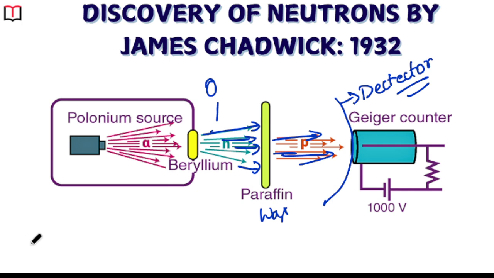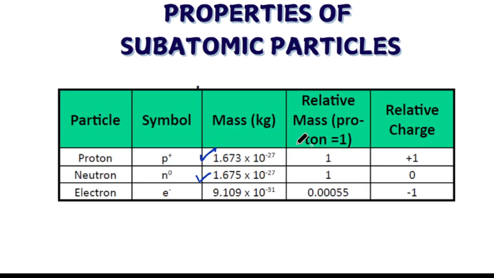So here James Chadwick discovered the new particle which is called the neutron. And he also observed that the mass of the proton is equal to the mass of the neutron. You can see over here.